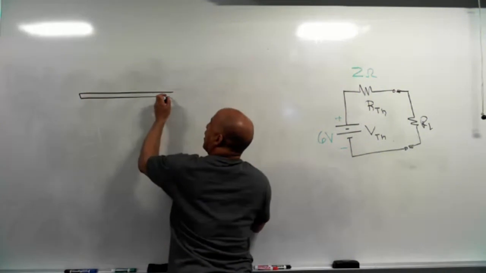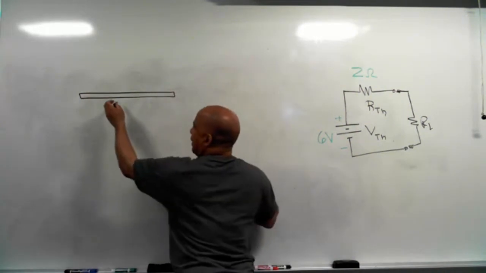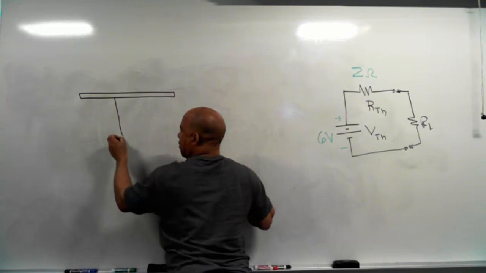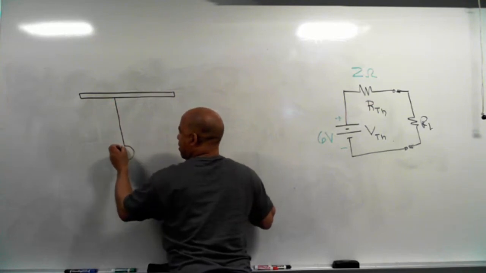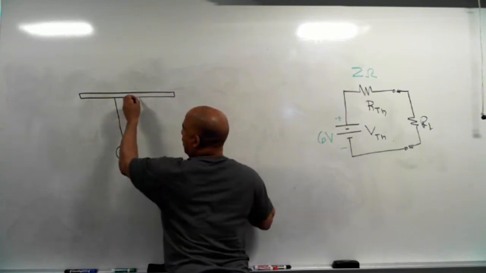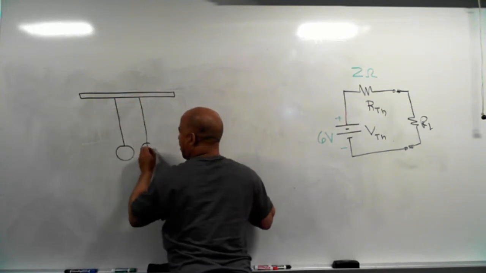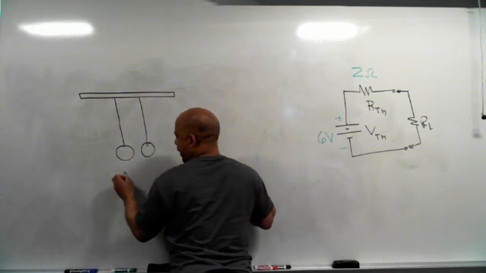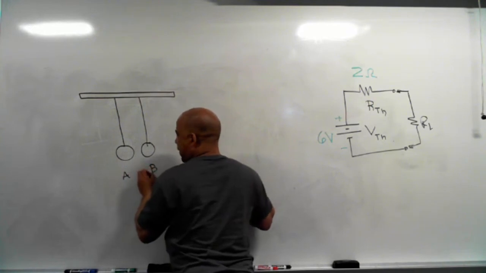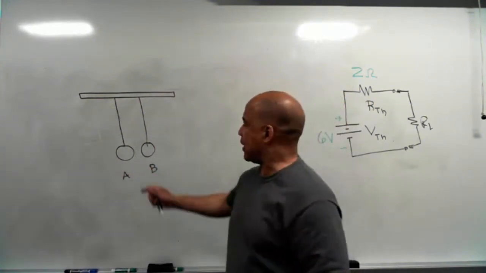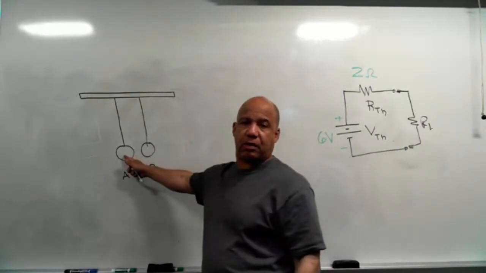Let's say I have a bar right here, and I got a metal ball, and I got another metal ball. Let's say this is ball A, and that's ball B, okay? And what I want to do is give this some energy.